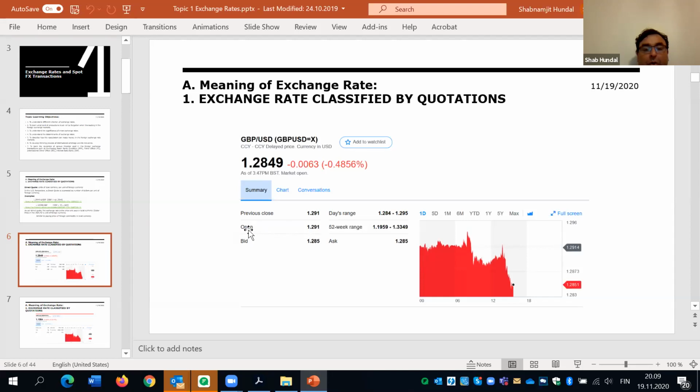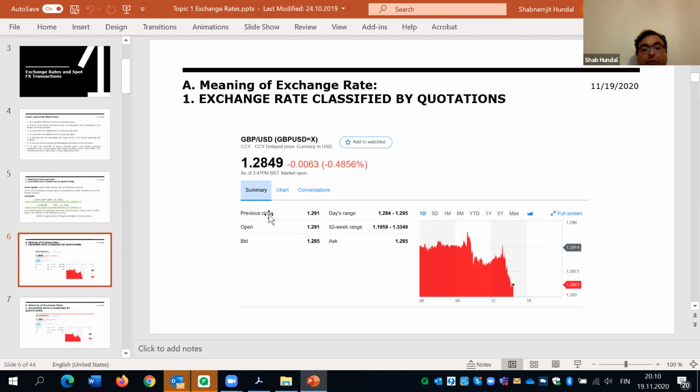There's a word called open. Open means when the market opens in New York, for example, the stock exchange or some other US market, the opening price, when the market just opens at 9 a.m., the price of 1 GBP was USD 1.291.